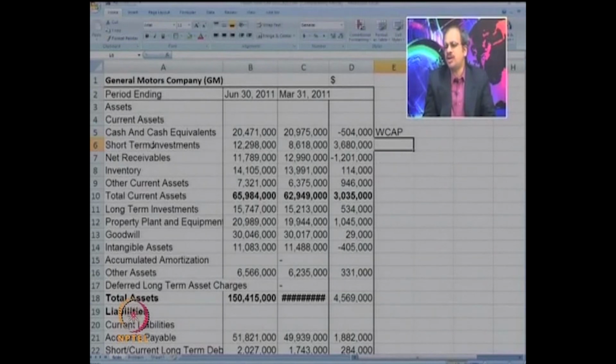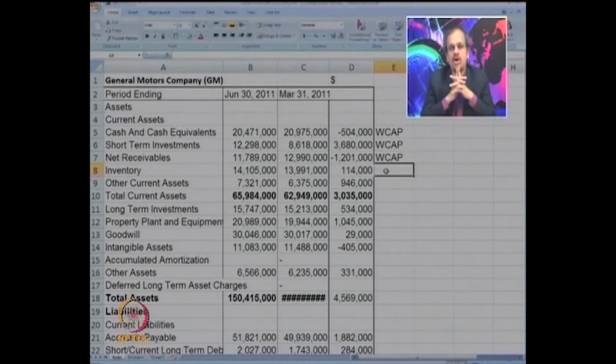Next is short term investment. You can see there is a major increase, from 8,000 it has become 12,000. So there is an increase of 36,000. Again, it is an item of working capital. Net receivables, there is a decrease in net receivables. Again, it is an item of working capital.